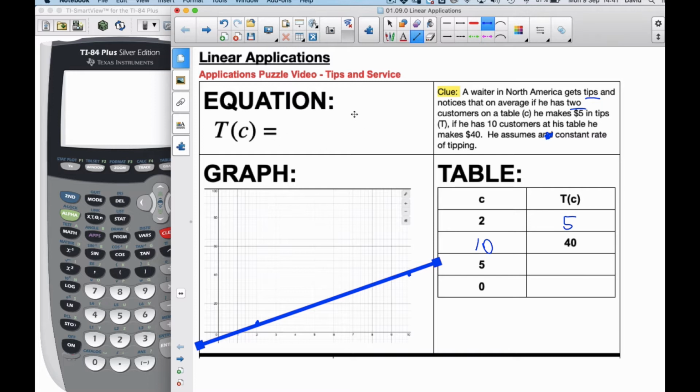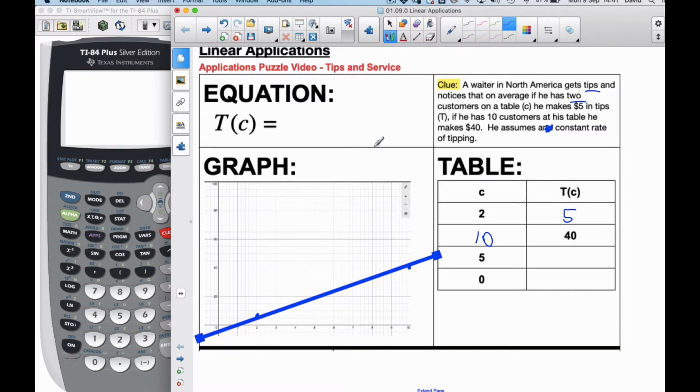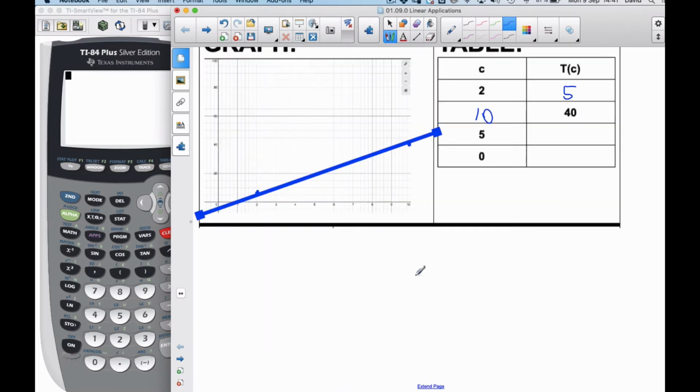But I can find these values. I need to find the equation. And so remembering finding some of our equations, I have to find the slope first. And the slope is equal to the change in y over the change in x. But I don't have x's and y's here. I have t's and c's. So it's going to be the change in t's over the change in little c's.